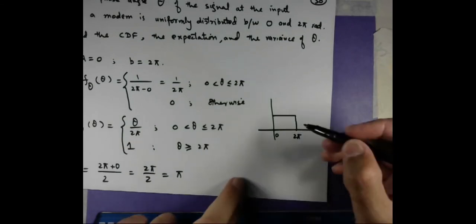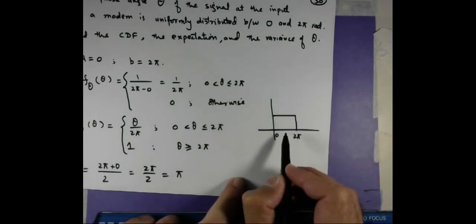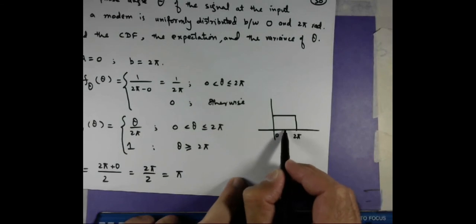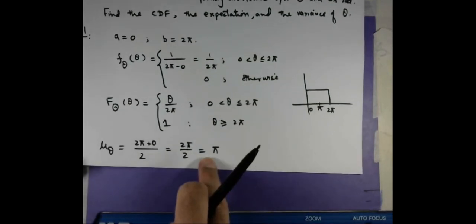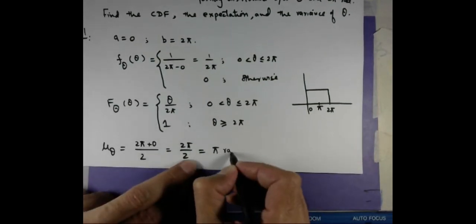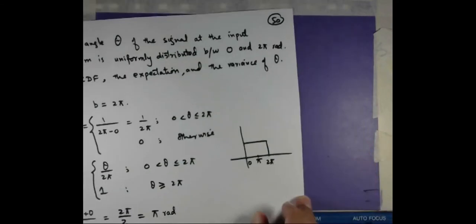So because of the uniform distribution, it should lie in the middle, and the middle of 0 to 2 pi is simply pi, the expected value, and hence we have been able to find this expected value, obviously in radians.